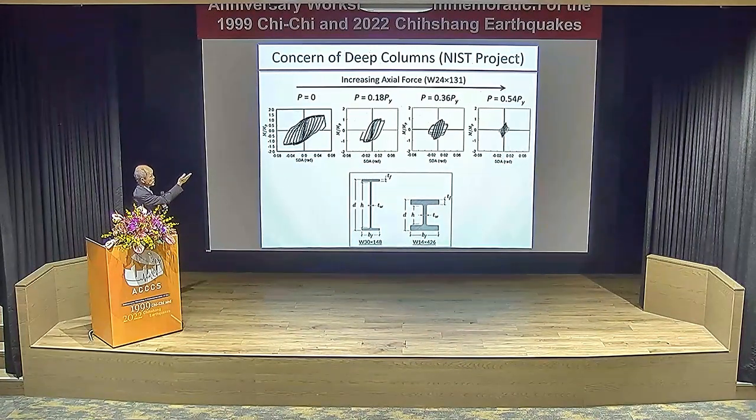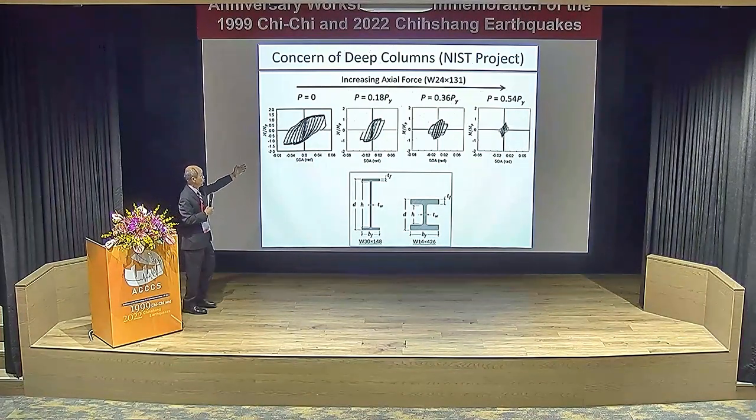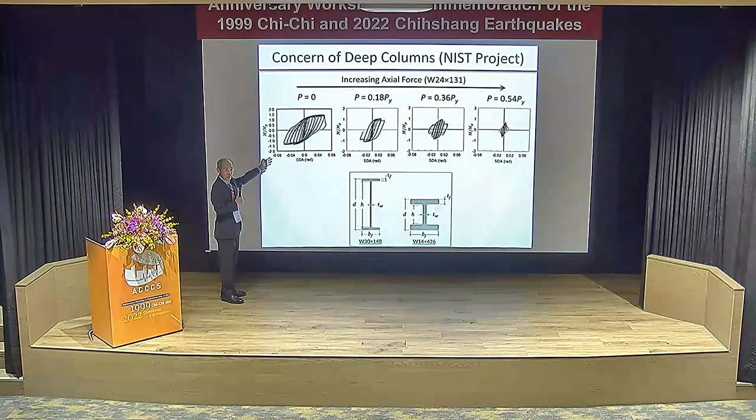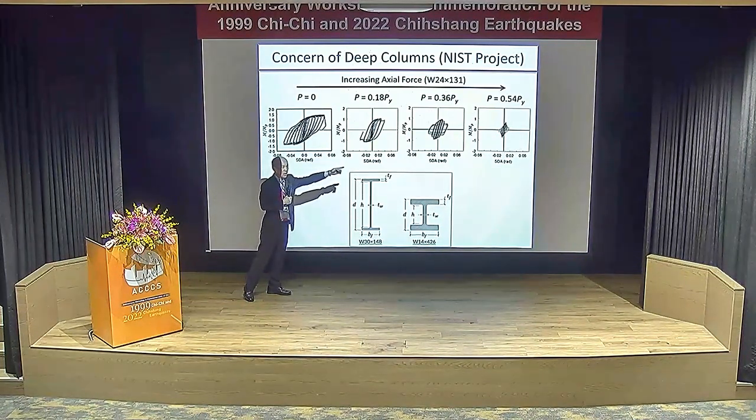In this one, I'm using one example from the NIST project, W24, 2 feet, about 600 millimeters in depth. We tested one with no axial load, just like a beam. Then I have an axial load, I double the axial load, I triple the axial load.